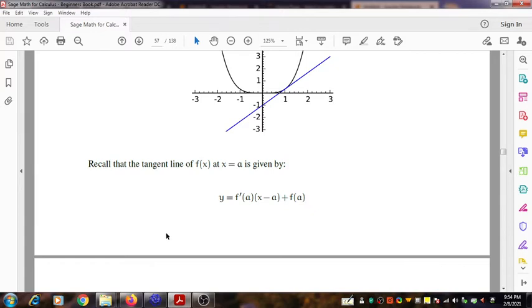You can say that it's the equation of a straight line. Why? Because in this expression, x and y are the variables. f'(a) is a calculated value, the derivative of f(x) at the point a, and a is a constant. f(a) is also a constant.